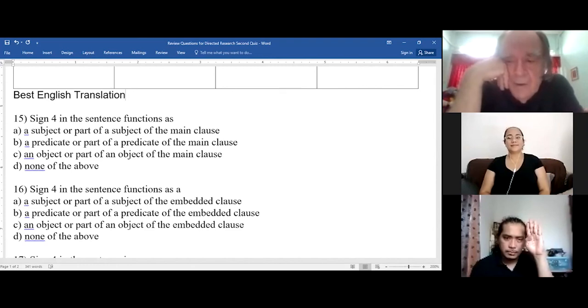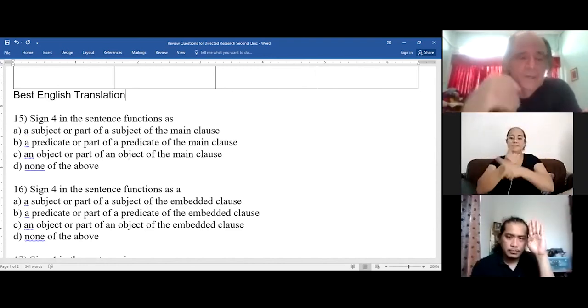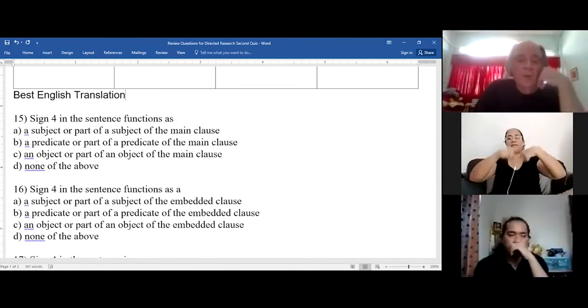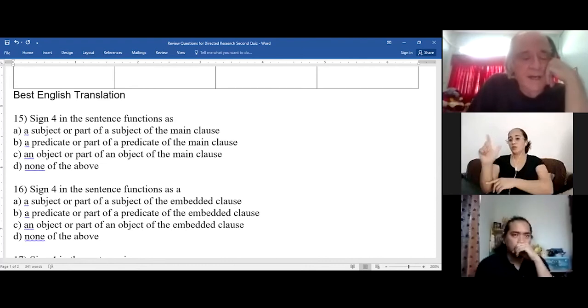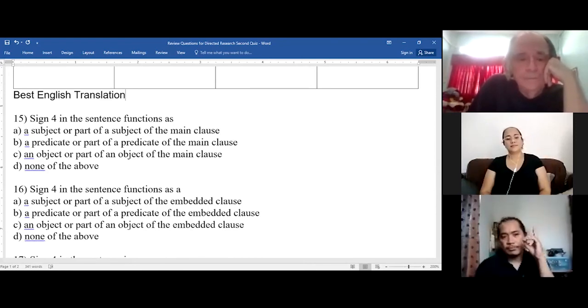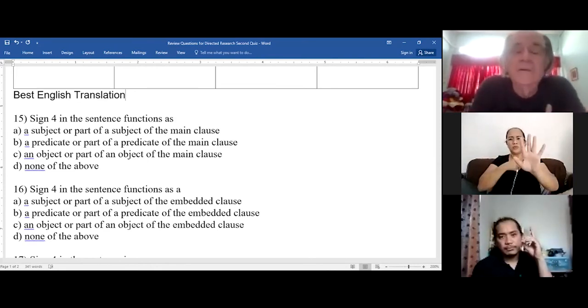B. Is B correct? B as in boy. Yes. 16, sign number 4 in the sentence, 20 functions as A, a subject, B, a predicate, C, an object, D, none of the above. D. Sorry, in the embedded clause.